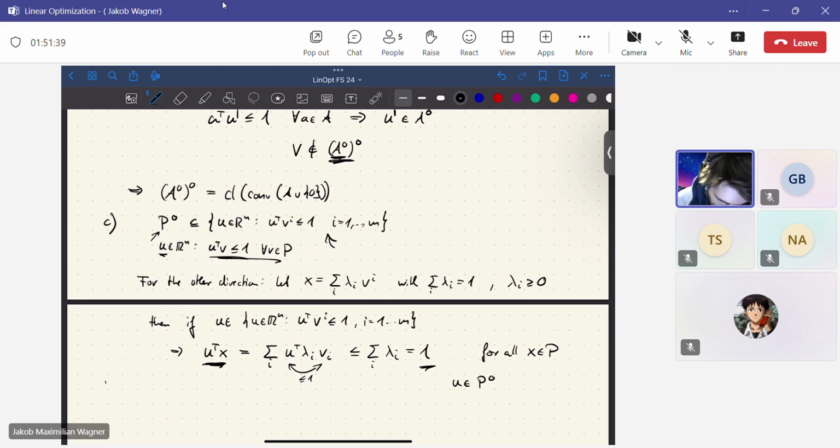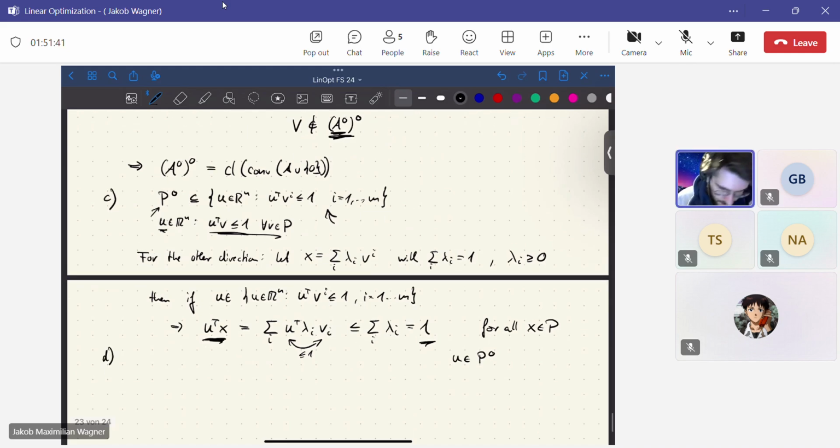We can do the opposite if we have some Q which is given as a bunch of points X that satisfy that AI transpose X is less or equal 1 for I from 1 through M. We get again a description of the polar cone as now the convex hull of these AIs.